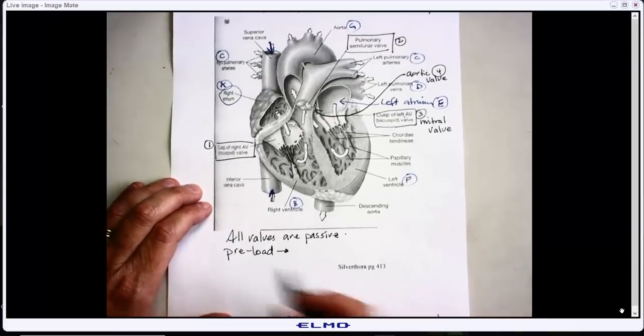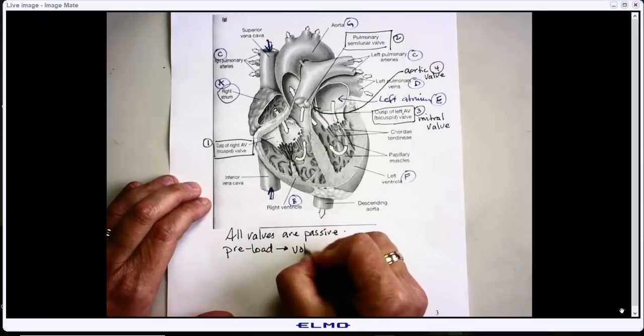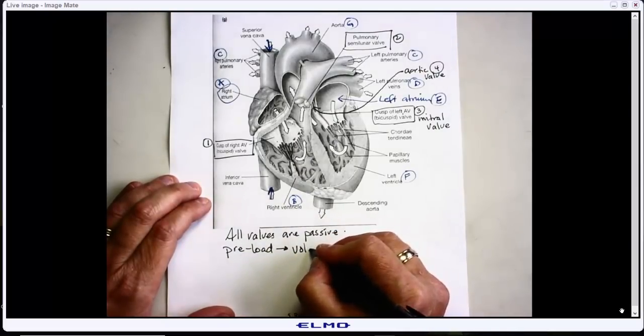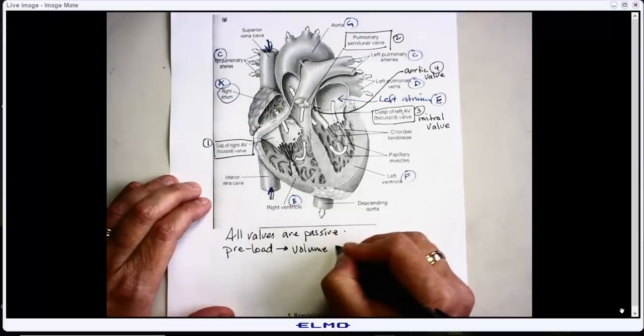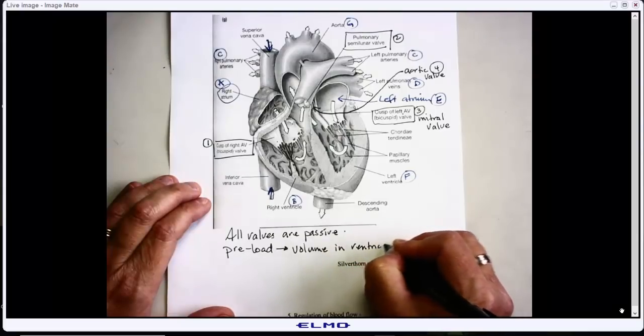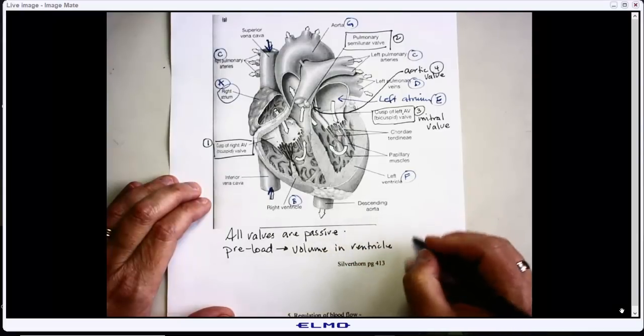So the preload is actually the volume that the ventricle has. So the volume of blood in the ventricle just prior to contraction.